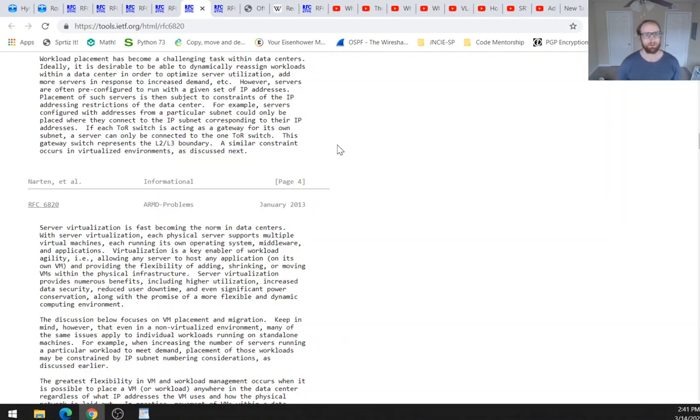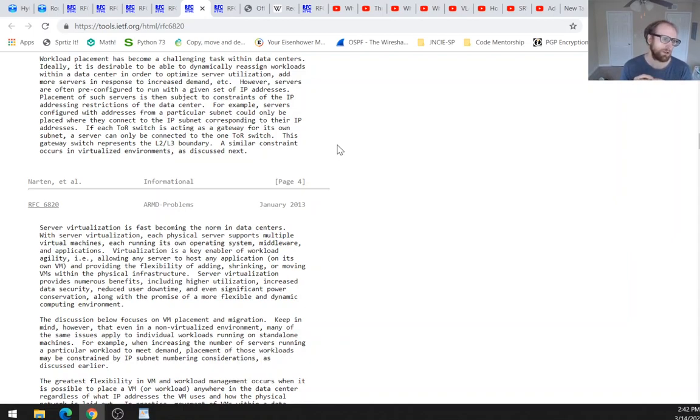Placement of such servers is then subject to constraints of the IP addressing restrictions of the data center. For example, servers configured with addresses from a particular subnet could only be placed where they connect to the IP subnet corresponding to their IP addresses. If each TOR switch is acting as a gateway for its own subnet, a server can only be connected to one TOR switch.